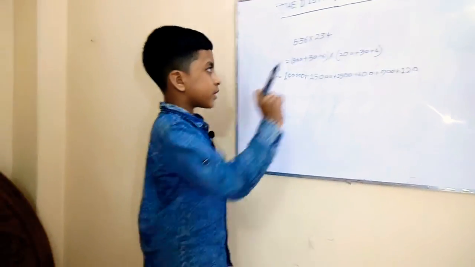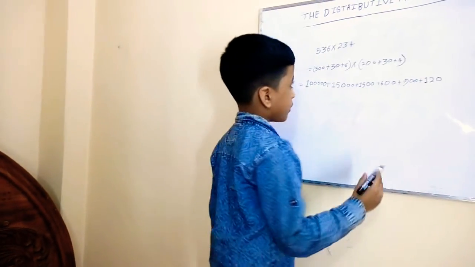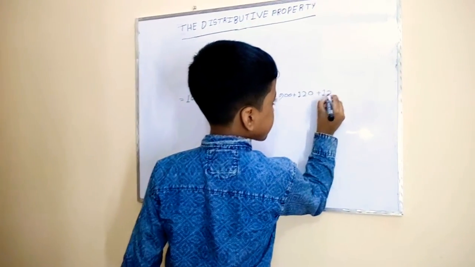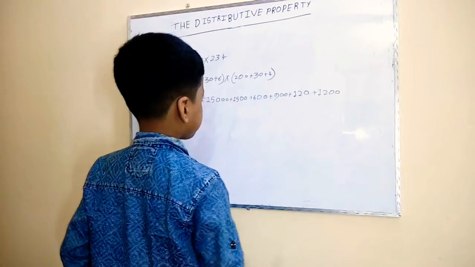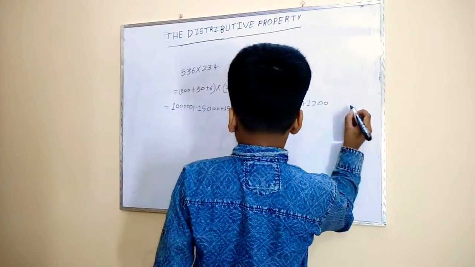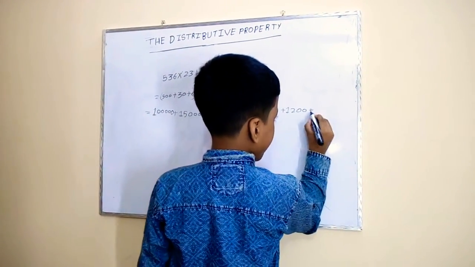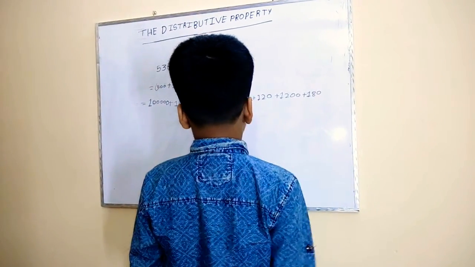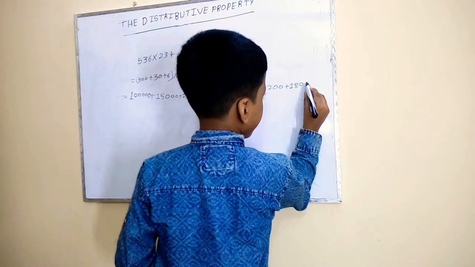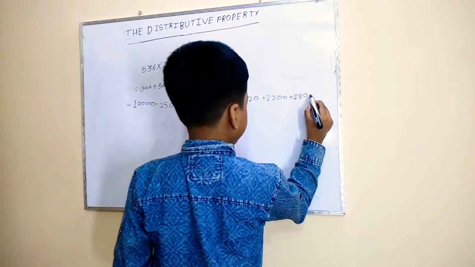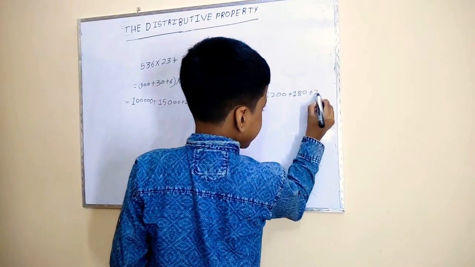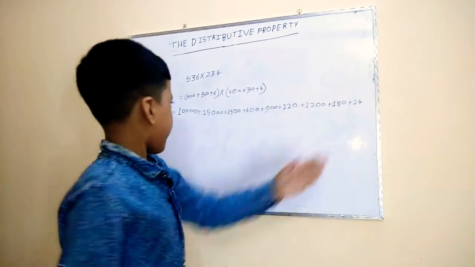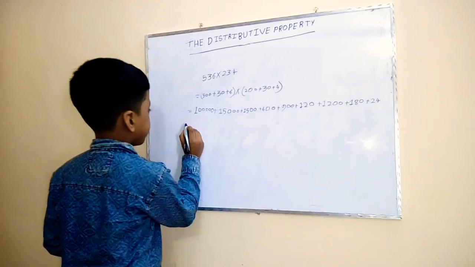We also need to multiply the 6 also. So 6 times 200 is 1,200. And 6 times 30 is positive 180. And 6 times 4, well, which is easy, that's just 24. We just need to add these together for the final answer.